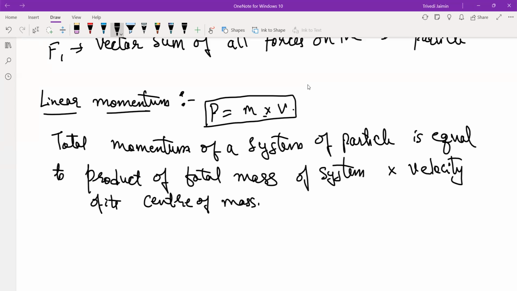So what is linear momentum? Momentum is the product of mass and velocity, or mass of a system.